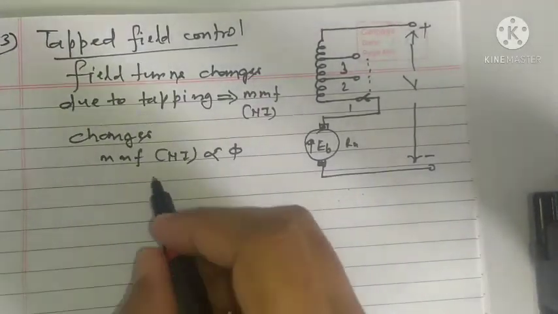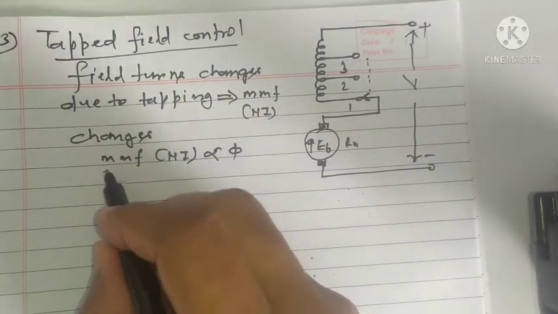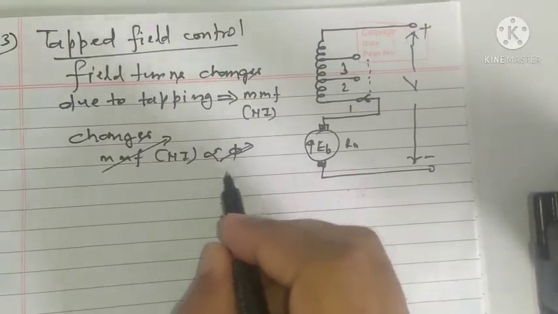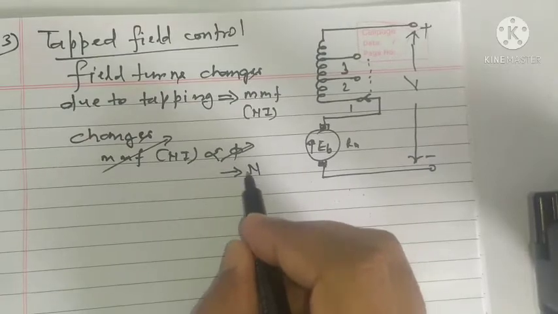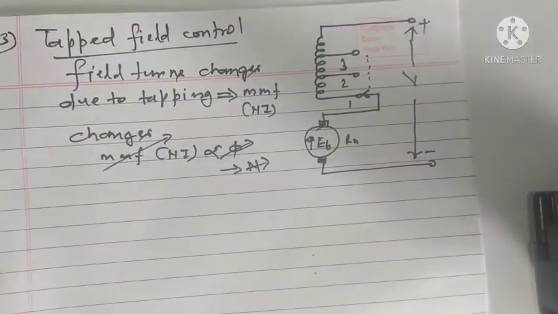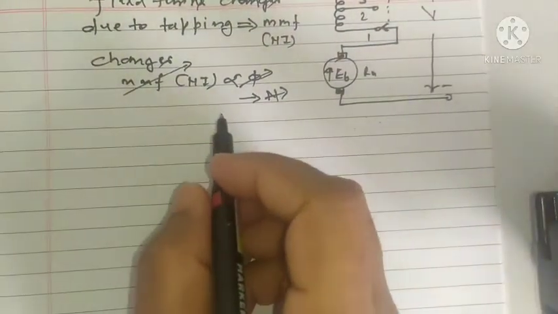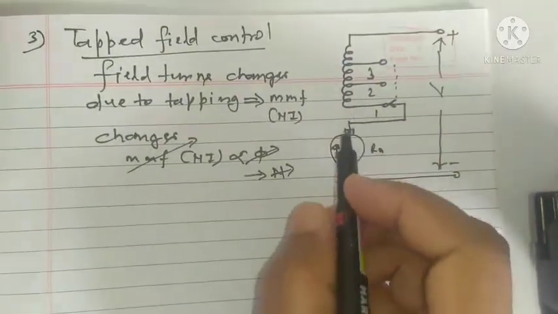So if MMF changes, flux will change, and this will cause variation in speed. So speed will change if I change the tapping position.